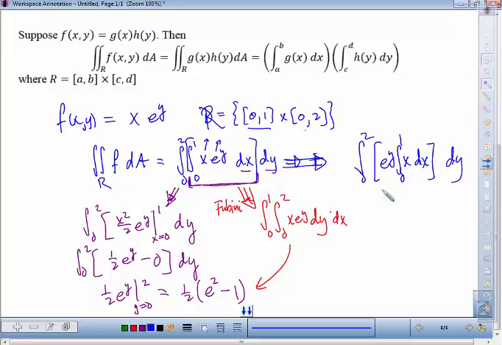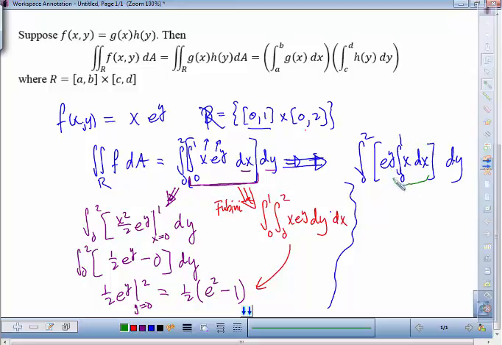Okay? So now I'm looking at this integral over here. We can lift the brackets. And then the integral that we're looking at has e to the y times another something in there.